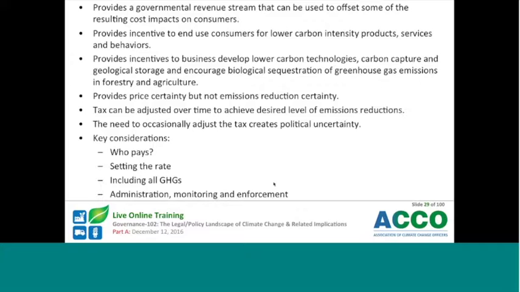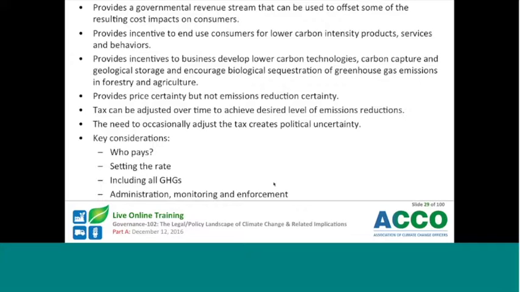Now, there are other factors that play in. A tax can be adjusted over time to achieve its desired level of emissions reductions, but again, you may have a situation where very high emitters have more wherewithal to absorb a price of carbon, which can really be problematic. But the need to tweak it also creates political uncertainty.